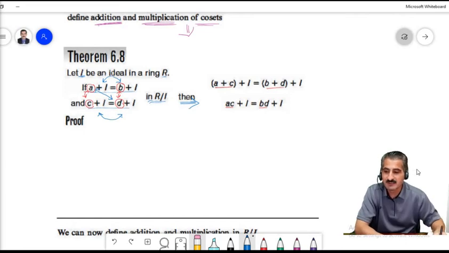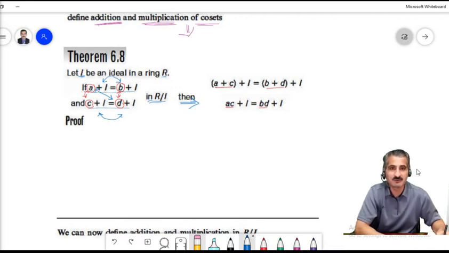If you want to rephrase this theorem in your own words, you may say that if a and b are congruent modulo I, and c and d are congruent modulo I, then a plus c is congruent to b plus d.